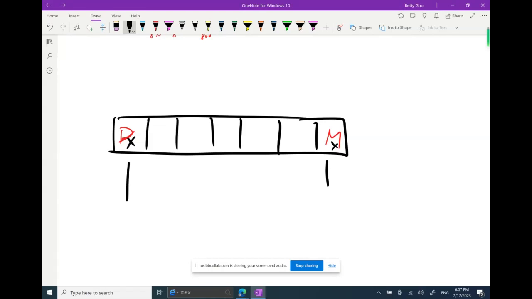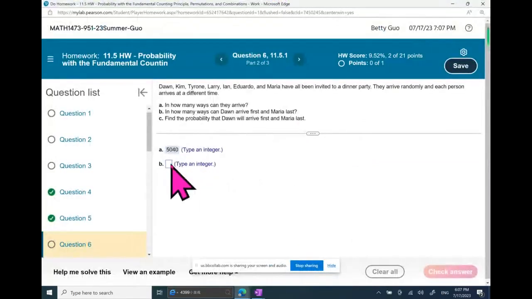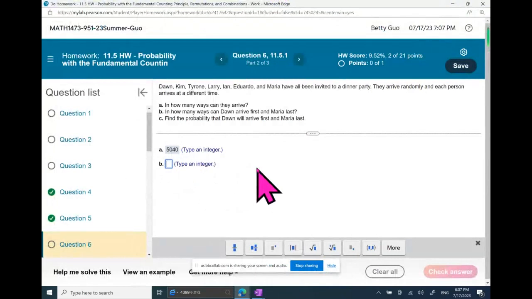And the third step is to arrange the remaining 5 people in the left 5 slots, and that is 5 factorial. So we have this many ways to arrange those 7 people such that Dawn is always in the first slot and Maria always in the last slot. The numerator is 5 factorial, 5 times 4 times 3 times 2 times 1. I think it's 120. Let me double check. Yeah.